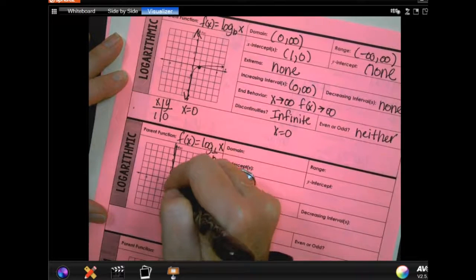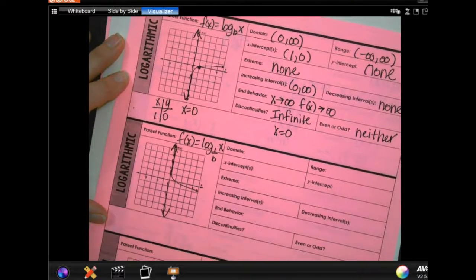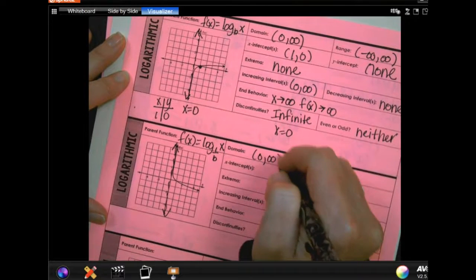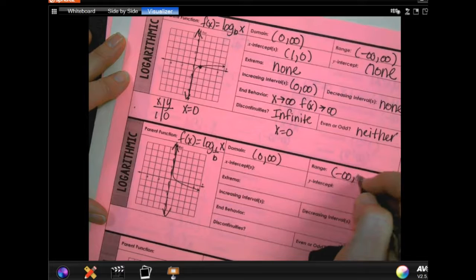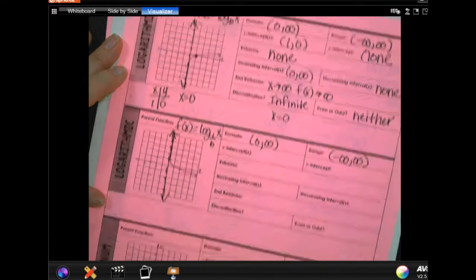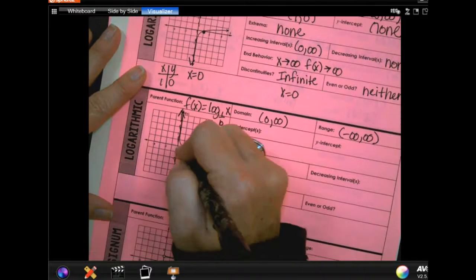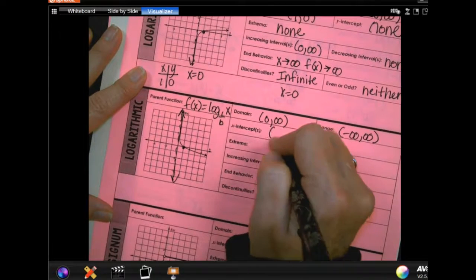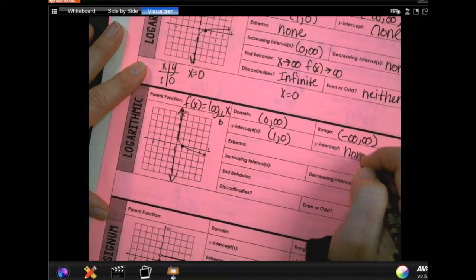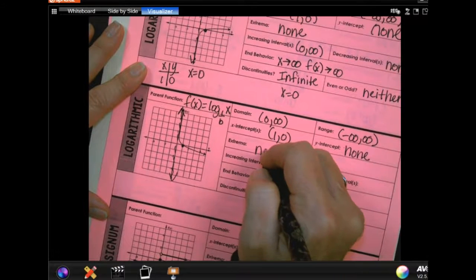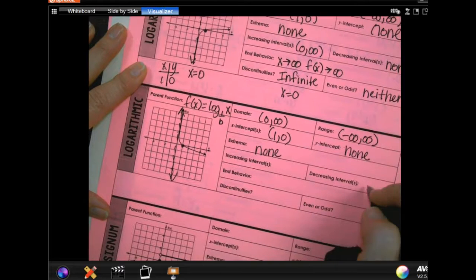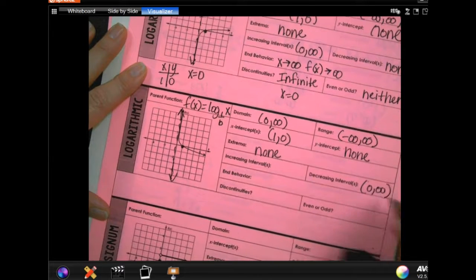This still has an asymptote because you still can't take the log of a negative number. What's the x-intercept still? It's still 1, 0. That did not change. Is there a y-intercept? There is none. Critical points? So is it increasing or decreasing this time? It's decreasing, so this would be 0 to infinity.